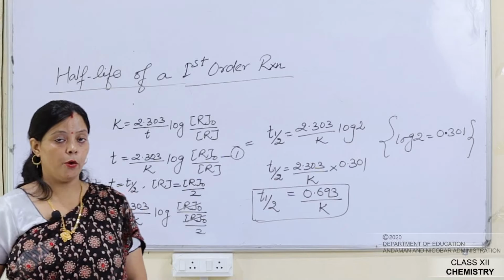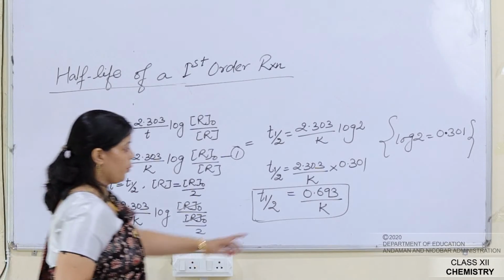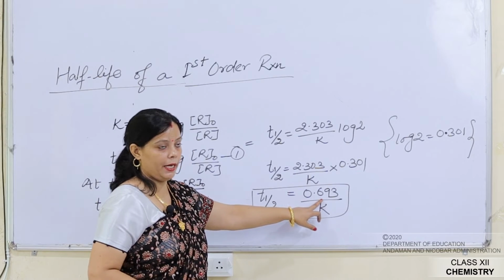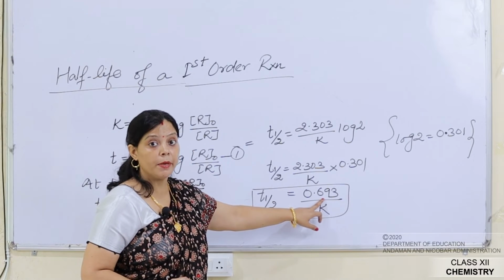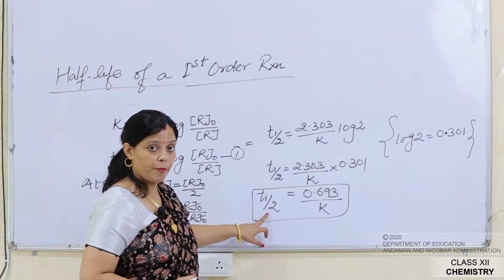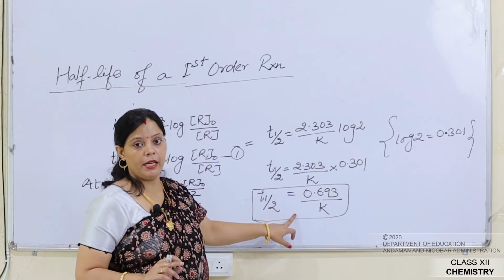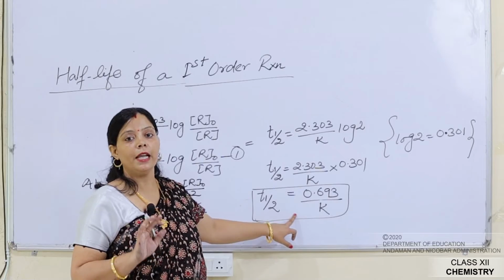That is, the T half for a first order reaction is equal to 0.693 by K. Students, in this equation you see that it does not carry any concentration term. It means the half-life period for a first order reaction is independent of the concentration of the reactant.